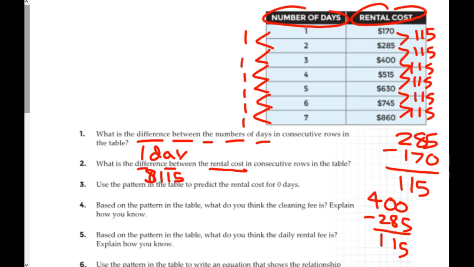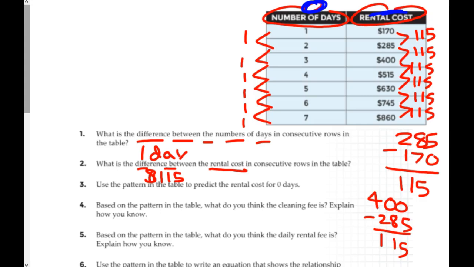Use this pattern in the table to predict the rental cost for 0. Now, it's important that we know the 0 costs when we're making an equation. So what we're going to do is we're thinking, if I had 0 up here, what is this rental cost going to be? So we're going to have to work backwards. Notice, the rental cost has been adding 115, so instead I'm going to subtract 115.